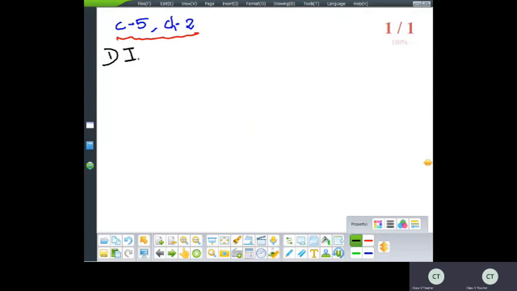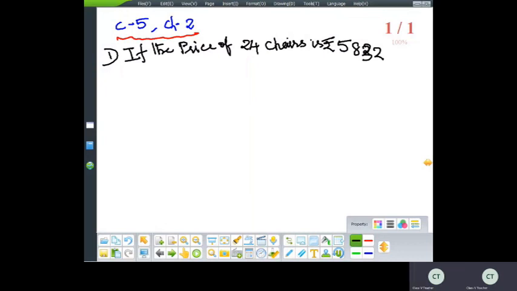If the price of 24 chairs is rupees 5,832. Okay, so this is the price of 24 chairs.